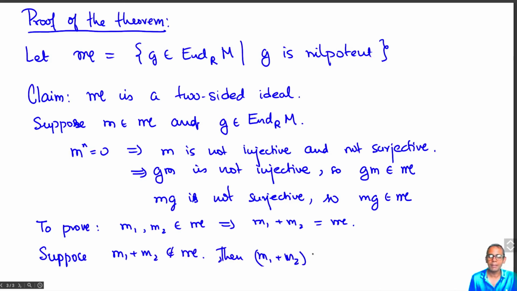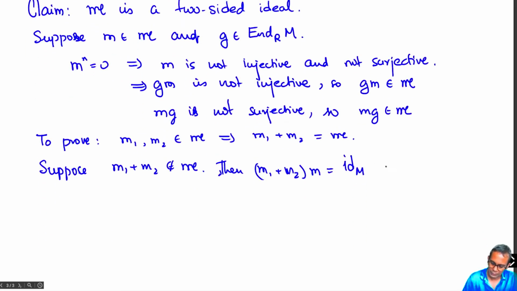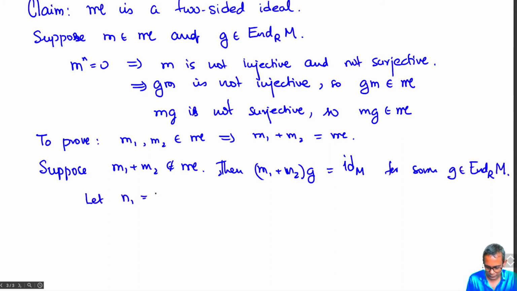So I can find some element g in End(R M) such that (m1 plus m2) times g is the identity. Okay, and let's call this n1 equals m1 g, n2 be m2 g.